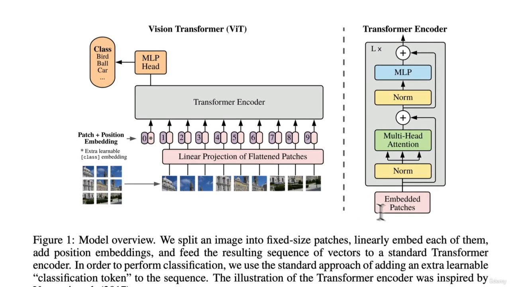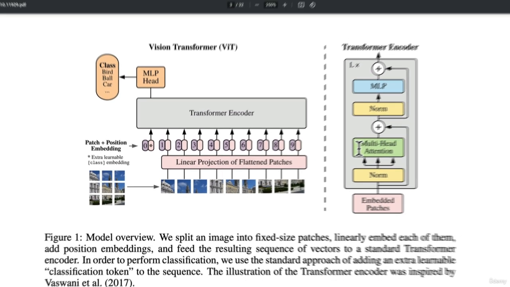So if we pass in our embedded patches and it goes into a transformer encoder, what is happening? Well, first and foremost, we've turned our sequence of image patches into a learnable representation or an embedding, and then it's going through this encoder layer multiple times to further learn that representation.